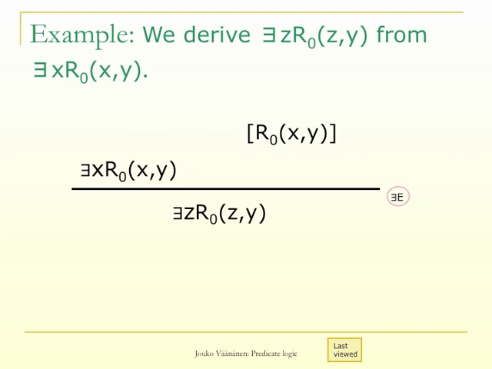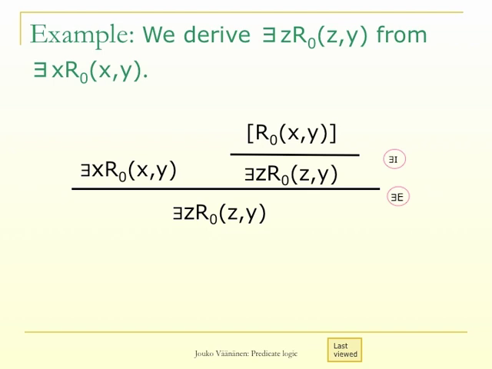Somehow we have to derive ∃z r0(z,y) from the assumption r0(x,y), or from the original assumption ∃x r0(x,y). But this is actually very easy because from r0(x,y) we can immediately conclude ∃z r0(z,y).